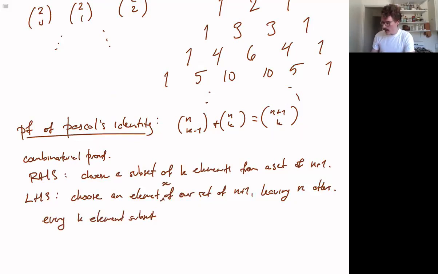So every k element subset of our set of n plus 1 elements either contains x or not.